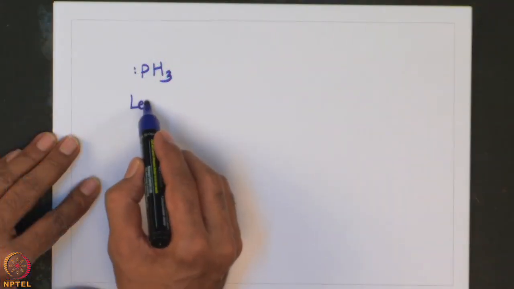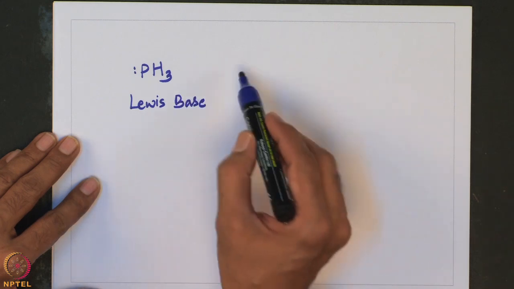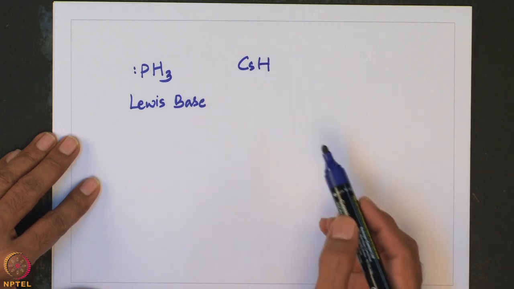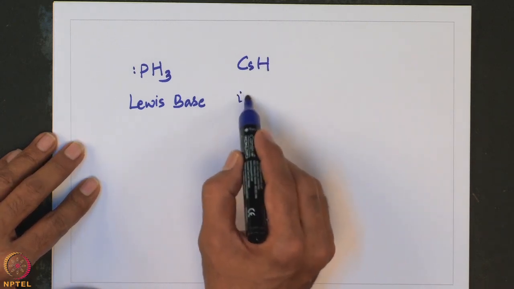For example, phosphine, phosphorus is in trivalent state and phosphorus still has a pair of electrons intact. So, this is essentially an electron rich compound, so it can act as a Lewis base. And cesium hydride is electron precise but an ionic hydride.